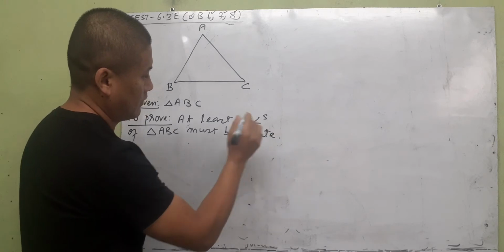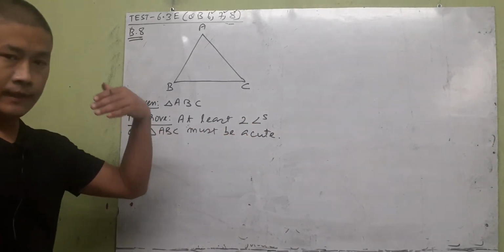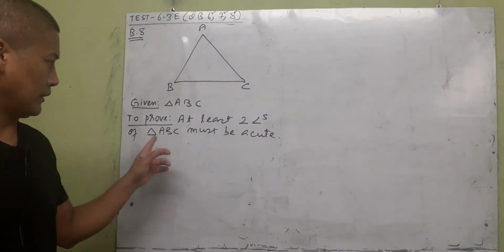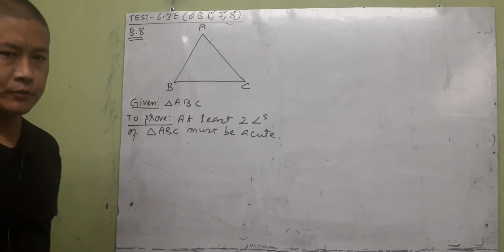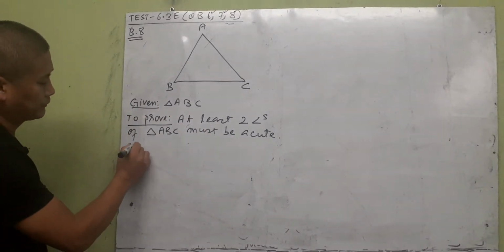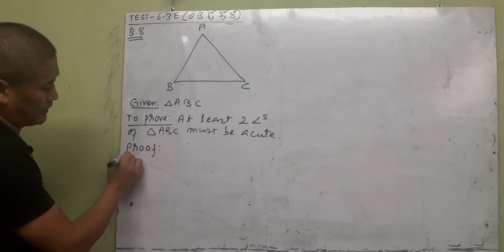Acute means the 2 angles must be less than 90 degree. Otherwise, it cannot be a triangle. That's what they're saying. So let us try to prove that by taking some assumptions.